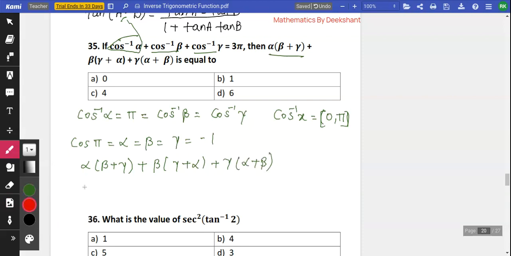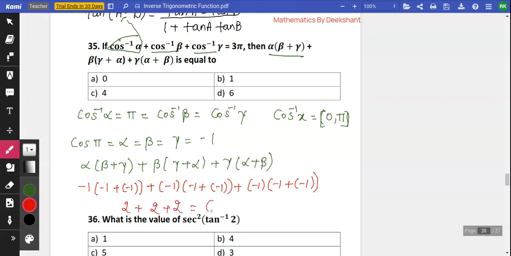Now after putting the values, it becomes 2 plus 2 plus 2 is equal to 6. Therefore the correct answer is option D, 6.